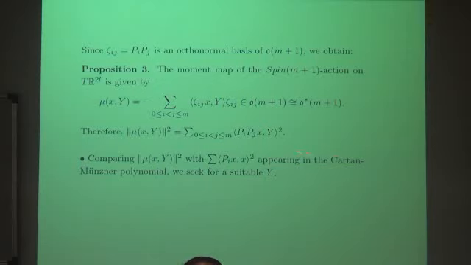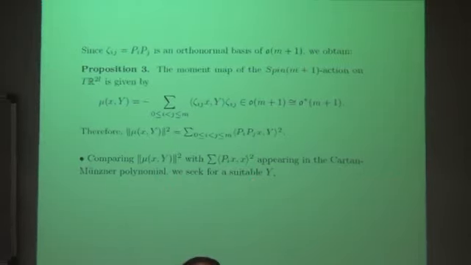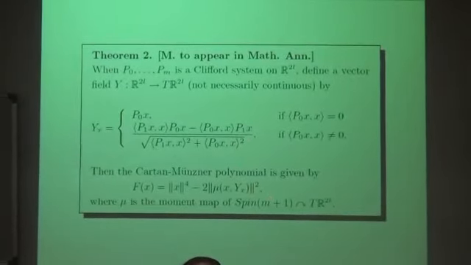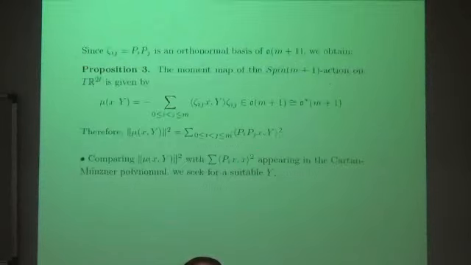This appears as the second term of the Cartan-Münzner polynomial given by Ferus, Karcher, and Münzner. So compare these two. Then we recognize that if we choose this y in a suitable way, then these coincide.